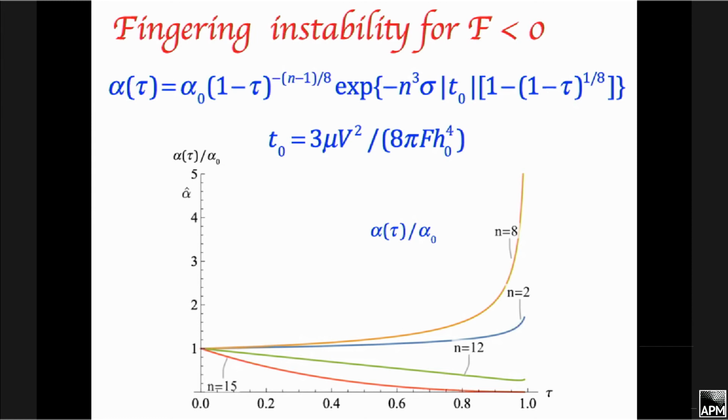And what you see, which is very interesting because of this n minus 1/8, is that depending upon n, you can either have situations which are unstable, where alpha, the perturbed radius, increases dramatically with time, or if n is too large, like 12 or 15, as we've shown here, it decreases with time. So it's unstable for small values of n, or relatively small values of n, and stable for larger values of n.